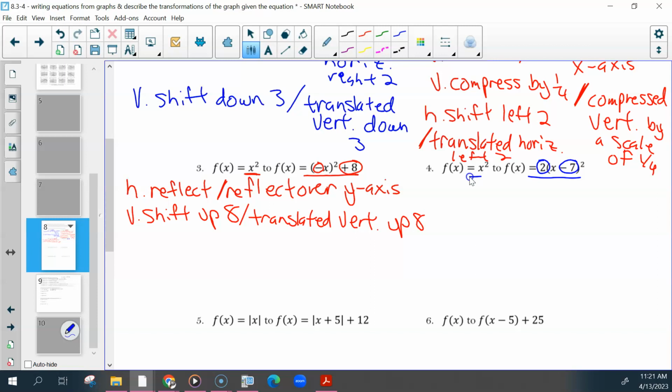Vertical. It's not a shift, because the shift would be at the back end. It is a stretch. So the longer version would be stretched vertically by a scale of 2.